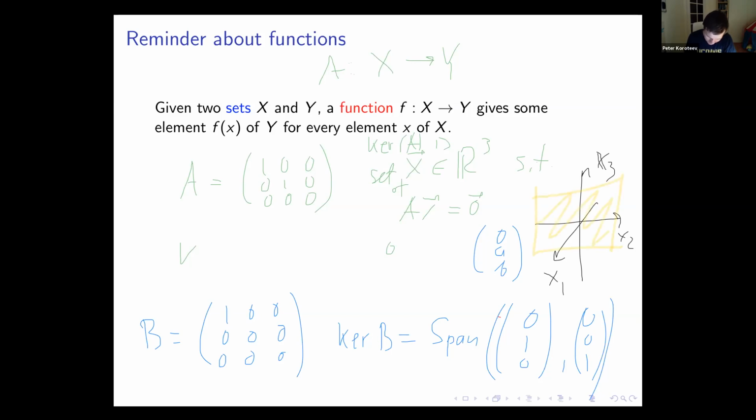In other words, if you have any vector in that plane, no matter where it goes, its image, after we act with function B on that vector, will be 0. So it's another example of a projection operator.